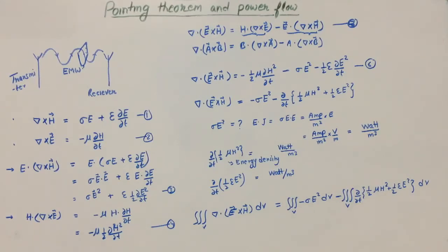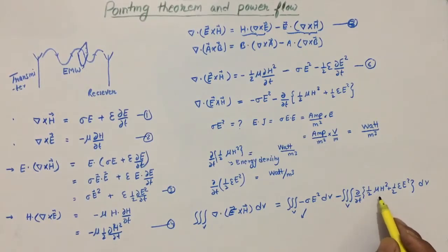Now let us talk about this term only, this full term. The medium has some conductivity, so this is the power dissipated in the form of heat due to the conductivity of the medium by the electromagnetic wave.